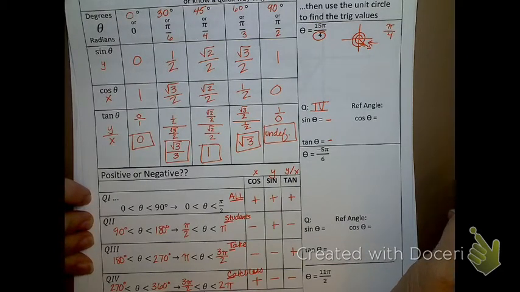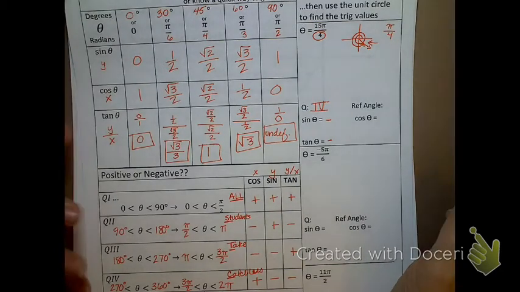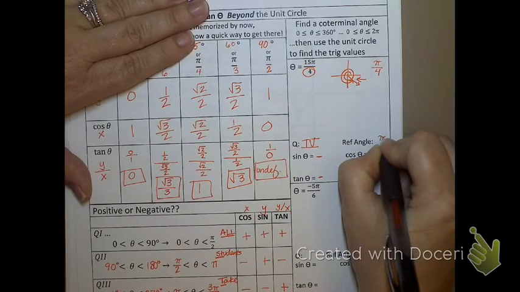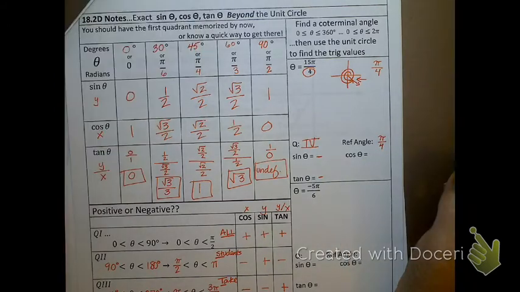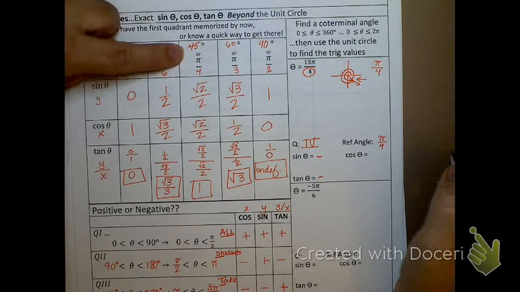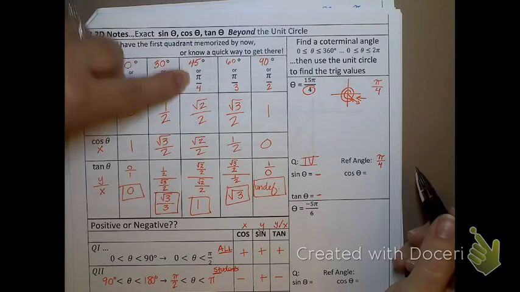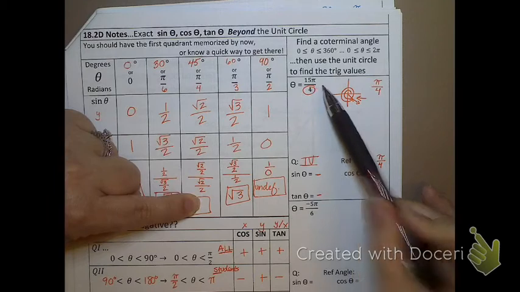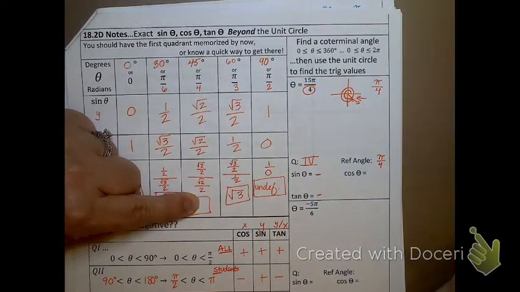Does that make sense? Because that's what's true in quadrant 4. From there, I already identified my reference angle is pi over 4. And I can come over here to pi over 4. And guess what? All of this information is the same for this angle. The only difference is sine and tangent are negative.